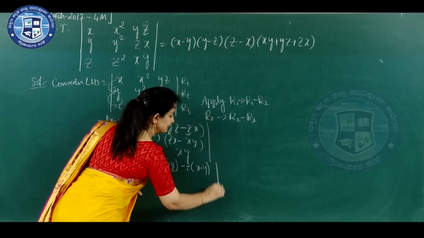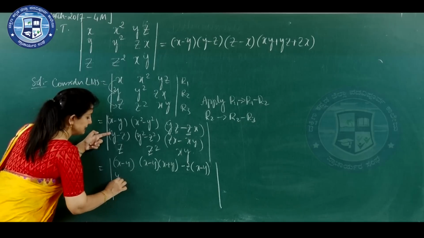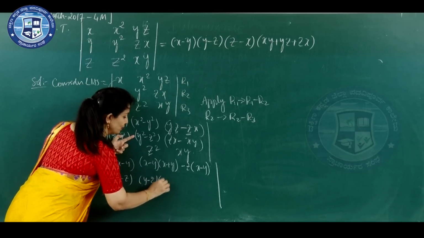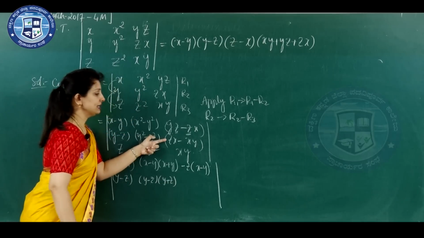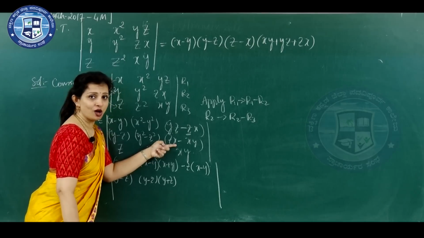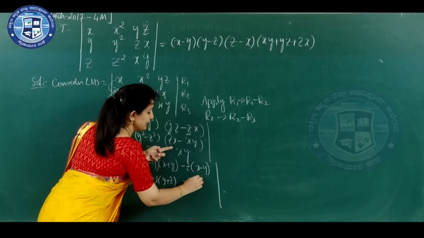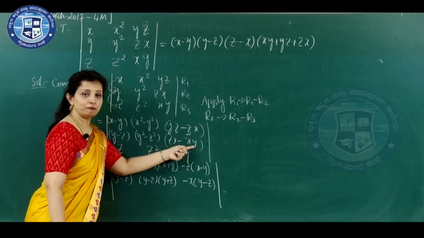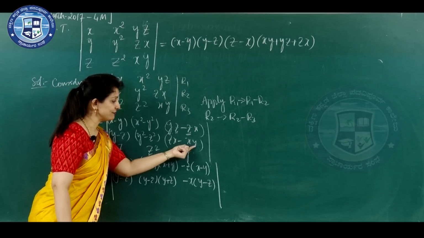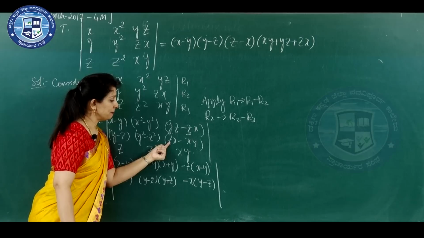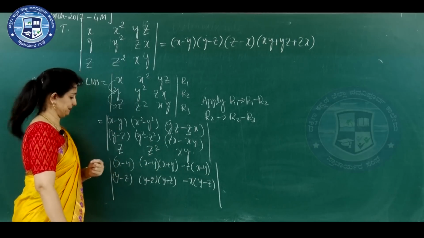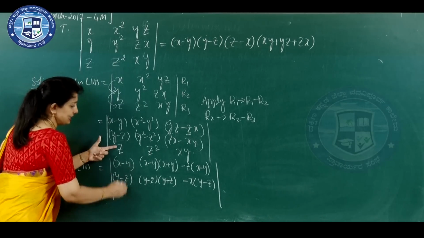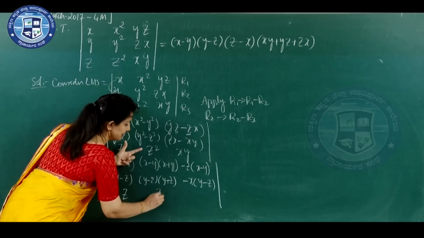Second row elements are y minus z, y square minus z square is y minus z into y plus z, zx minus xy, x is common, take out minus x, so that it is y minus z. Minus x when you take out, this y is remaining, minus y changes to plus y, plus z changes to minus z. So, this is LHS. Now, observe that in the third row, elements remain as they are.